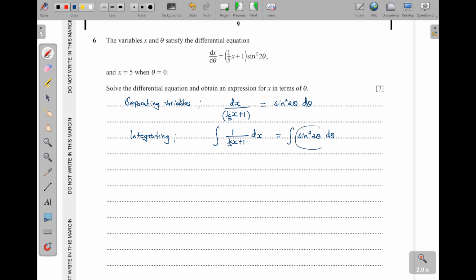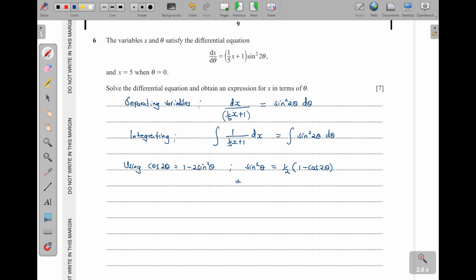Now, for even powers of sine and cosine, we use the double angle formula for cosine. Okay, we know that cosine of 2 theta in terms of sine is 1 minus 2 sine squared theta. So meaning when you bring this one this side and take this one here, then after you divide by 2, that means that sine squared theta is equal to a half of 1 minus cos 2 theta.